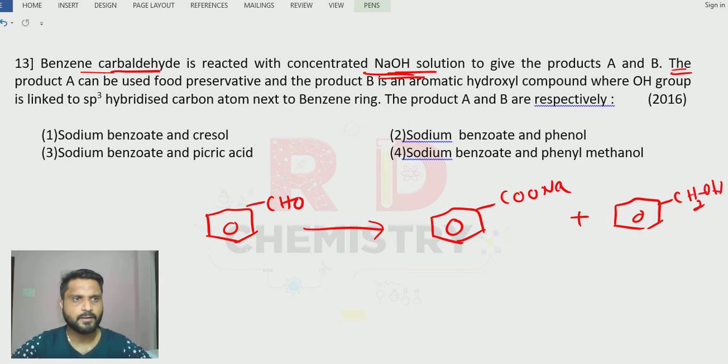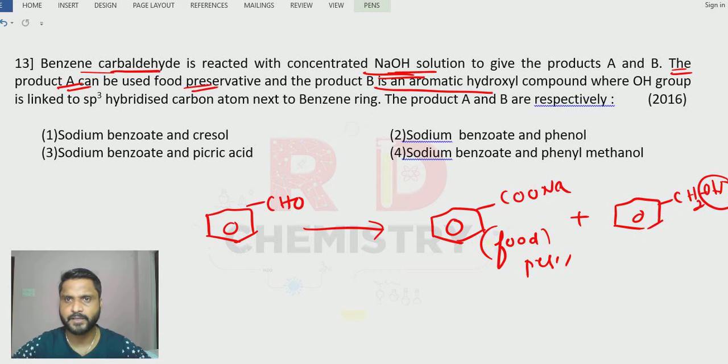The product A can be used as a food preservative. Sodium benzoate is a food preservative. And product B is the aromatic hydroxyl compound. So the OH group is there on the aromatic system, on the sp3 carbon atom of the side chain.